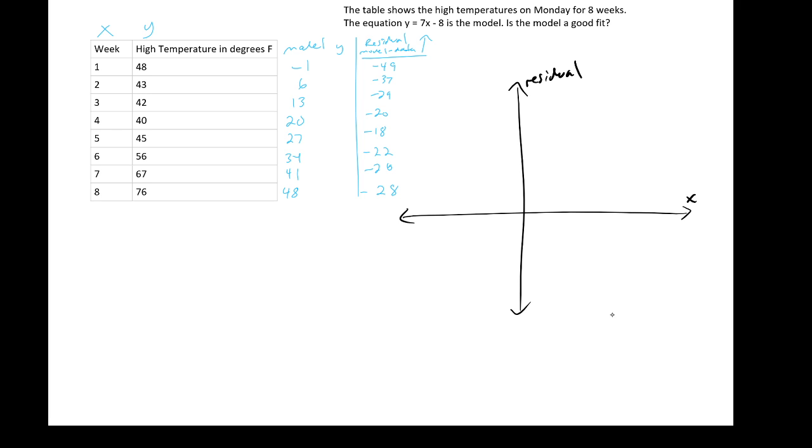correlation here, I'm going to go by tens here. So 1, 2, 3, 4, 5, 6, 7, negative 10, negative 20, negative 30, negative 40, negative 50.